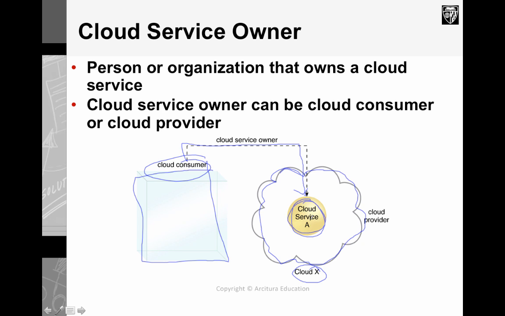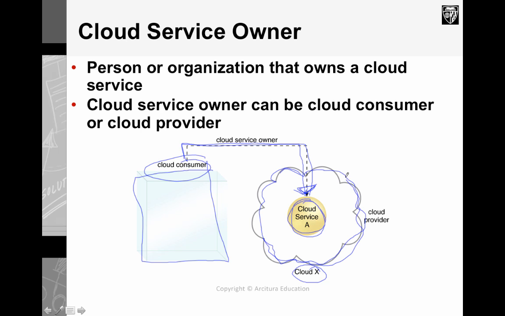You can think of Joe, the pizza shop owner, providing a cloud service, which is a way by which users can order pizza online, and he's deploying that particular service in cloud X's, which is the cloud provider's premises. That's this cloud premise right here.